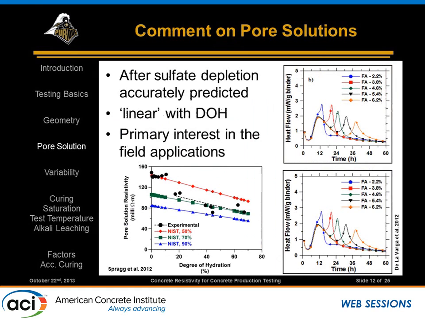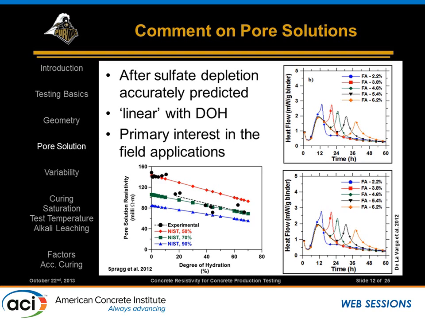One of the things that I want to point out as we go through this, and all three of those methods are really valid, is that these predictive methods work really well after you've passed that sulfate depletion peak in the hydration curve. So once you're out in this region, and this green line is what you would predict from that website I just mentioned, where they assume some alkalis are bound, you can see here that the experimental data sort of drops off after the sulfate depletion peak.